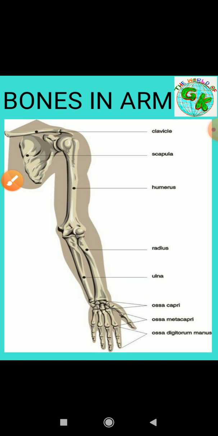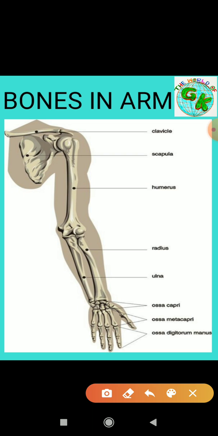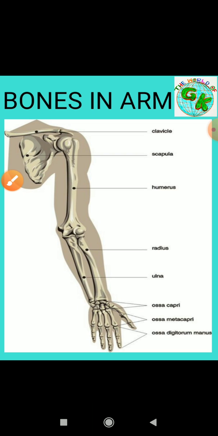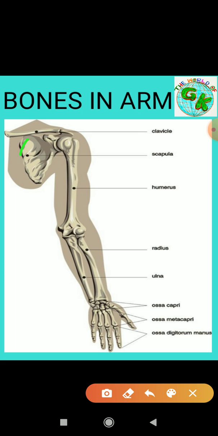Now let's see the bones in arm. Here you can see clavicle. This bone is known as beauty bone. Next is scapula. And this is humerus.